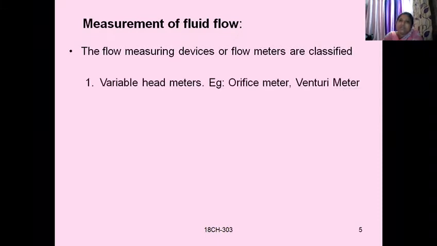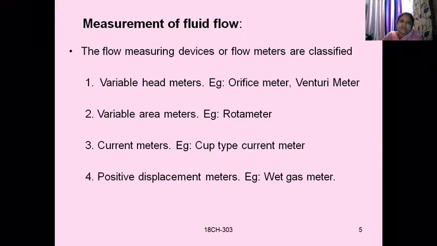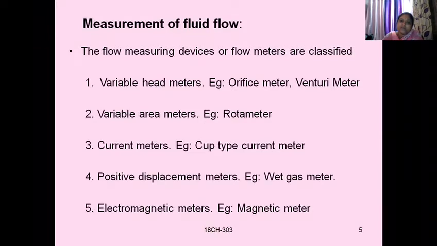These flow meters are classified as variable head meters, variable area meters, current meters, positive displacement meters, and electromagnetic meters. Examples of variable head meters are the orifice meter and Venturi meter. For variable area meters, we have the rotameter.